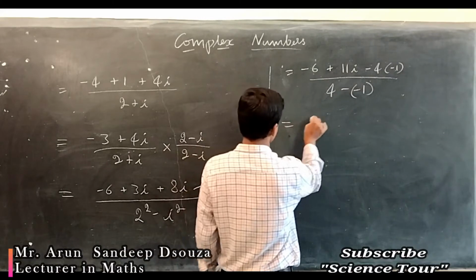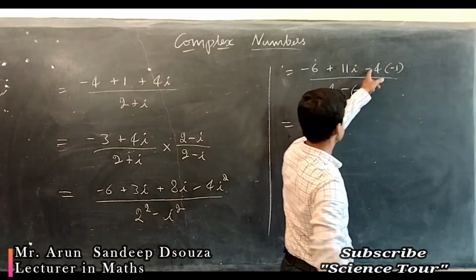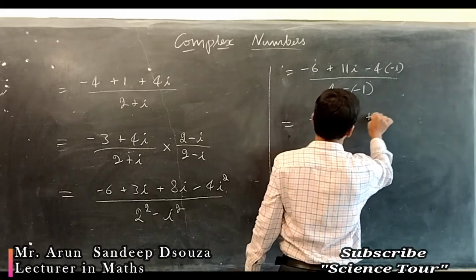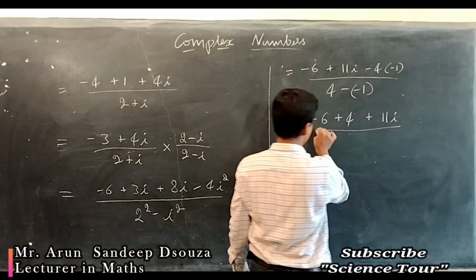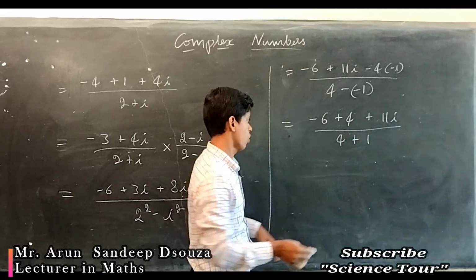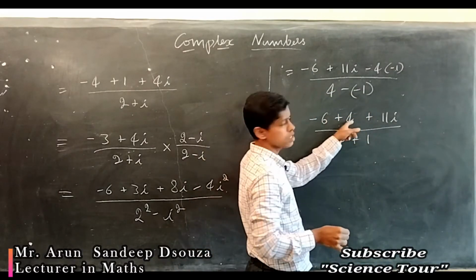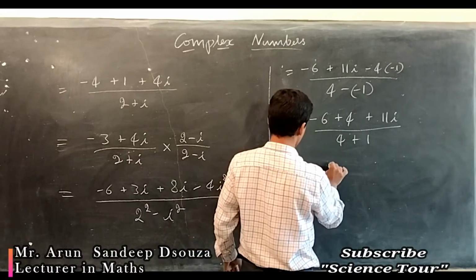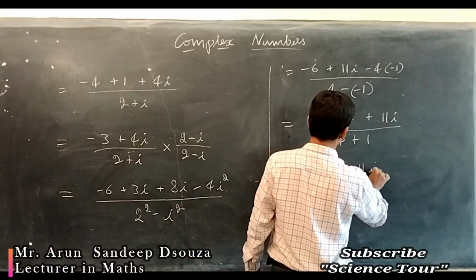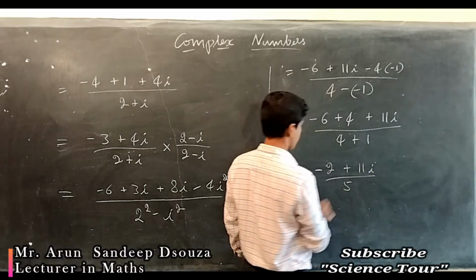Okay, so this is minus 6, minus and minus is plus 4. I'll write it together, and then 11i divided by 4 plus 1. Minus and minus is plus 1. Okay, so minus 6 plus 4 is minus 2, and plus 11i divided by 5.